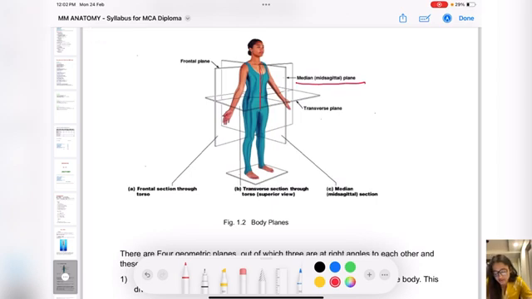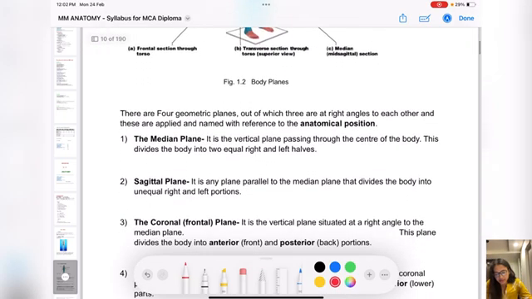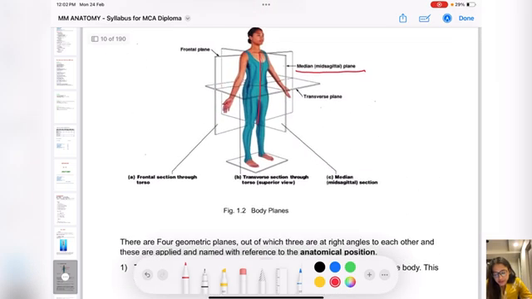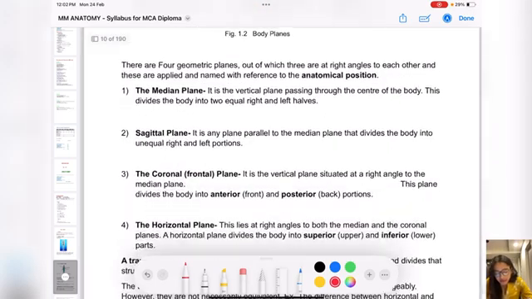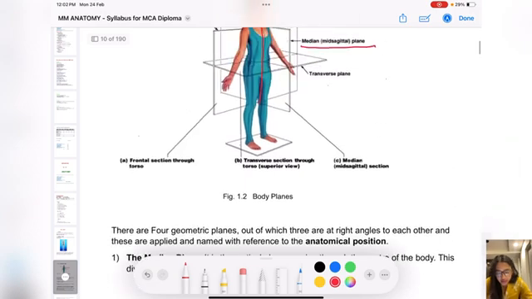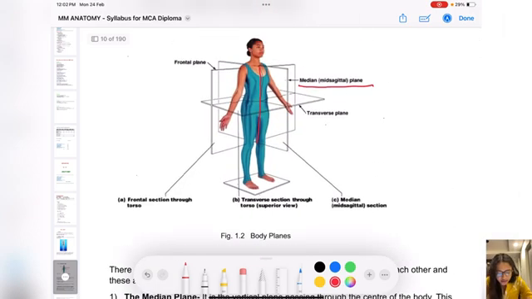You can see in the diagram. Then there is the transverse section, where the superior and the inferior part is divided. And then we'll see the sagittal plane, when the body is divided into 2 parts, left and right, but unequal. In the median plane it is equal, and in the sagittal plane it is unequal.